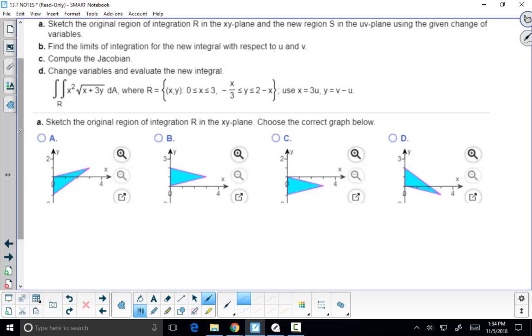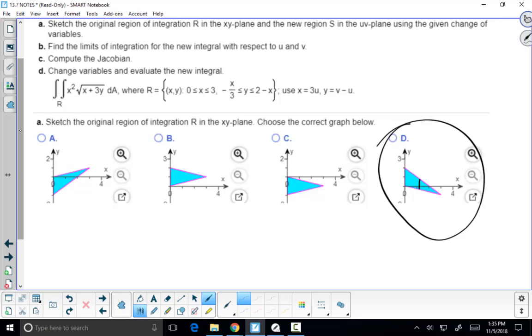So we first are looking at x 0 to 3, and then we're going from a negative sloped line up to another negative sloped line. There's only one of those, so it has to be this one, just by that logic. This line has a slope of -1/3. This line has a slope of -1. All these other ones have at least the lower line sloped positively. So it's got to be this one, where they chose a vertical element.